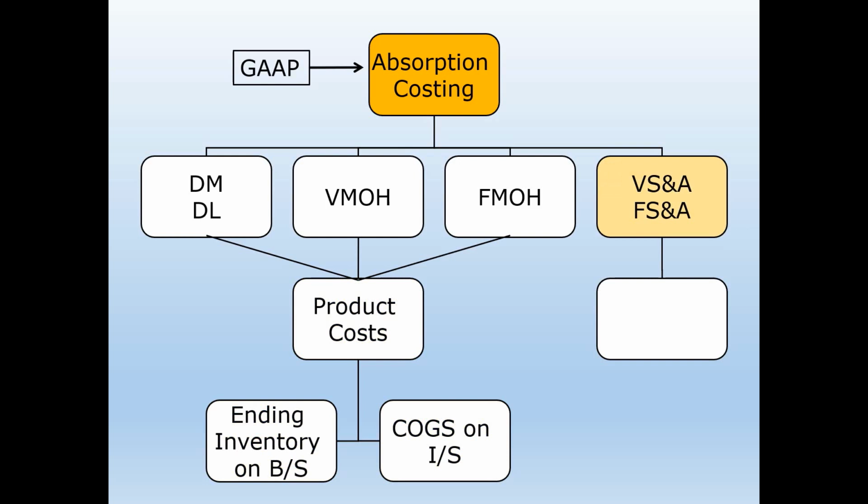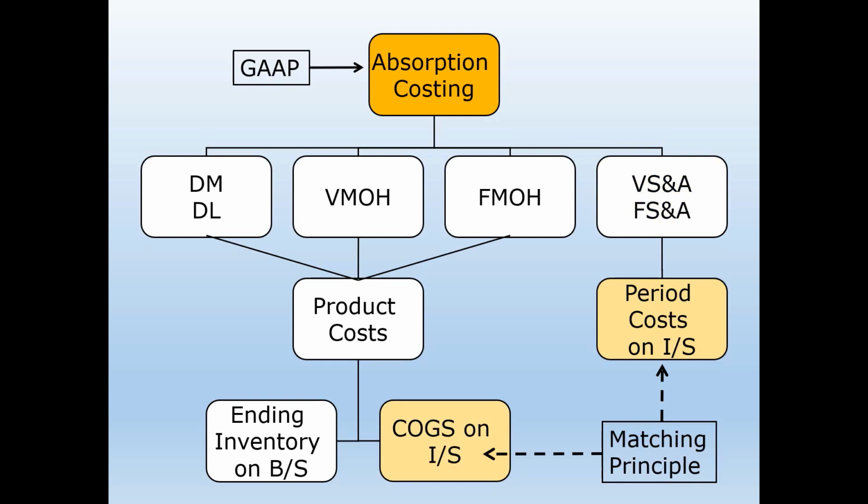Selling and administrative costs are never considered product costs. Instead, they're expensed each period on the income statement. GAAP requires that both the cost of goods sold and the period costs are matched against revenues on the income statement. That's the matching principle.